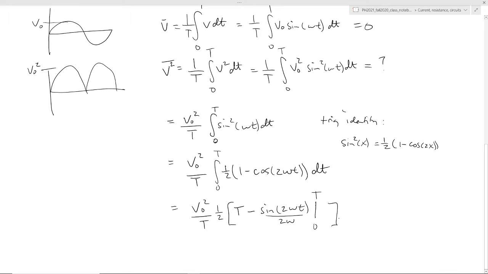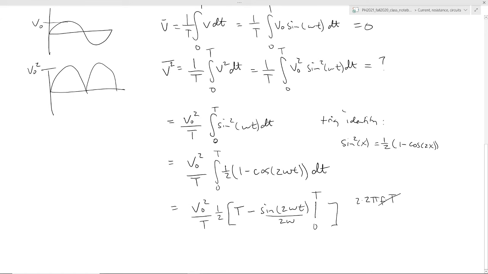Now, notice, recall, what is omega? It's 2 pi times f. So really what you have in here is 2 times 2 pi f times the period. So f and t are reciprocals. So this would be 1.